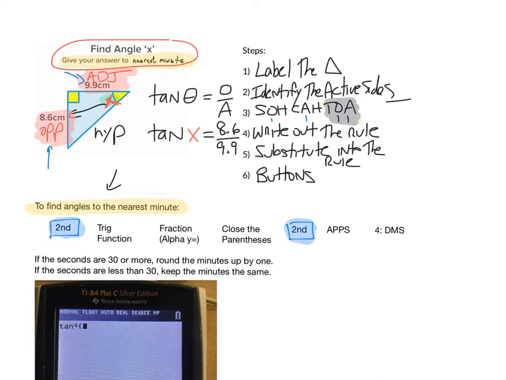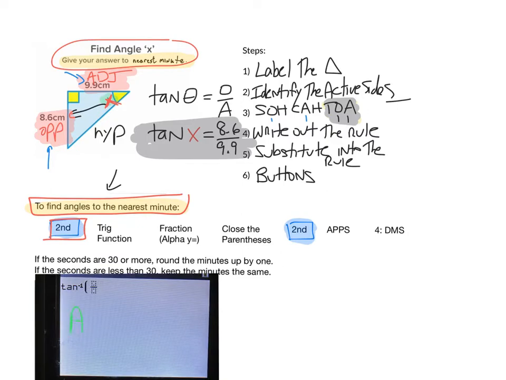So we're going to press second, and then our trig function. Well, here, the trig function is tangent because we had the opposite and adjacent. So you're going to press second and then tangent. One key to realize, anytime you're finding an angle, you want to see the -1, the inverse, next to your trig function.